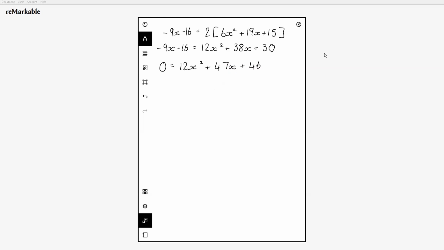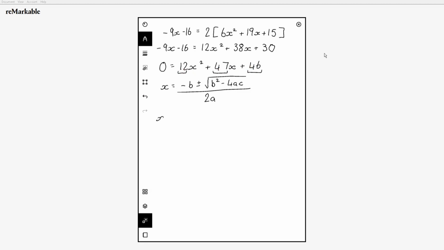Because these are very strange numbers and maybe more difficult to factorize normally, I'm going to use the quadratic equation. We know that the quadratic equation is x equals minus b plus or minus the square root of b squared minus 4ac, all over 2a, where this number here is a, the coefficient of x squared, the coefficient of x is b, and the number term is c.